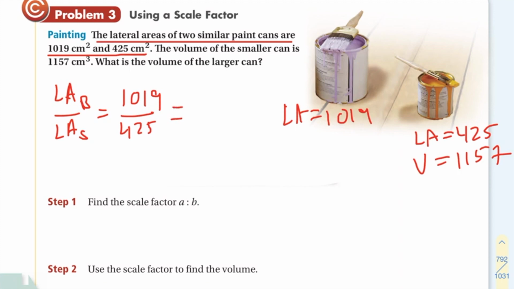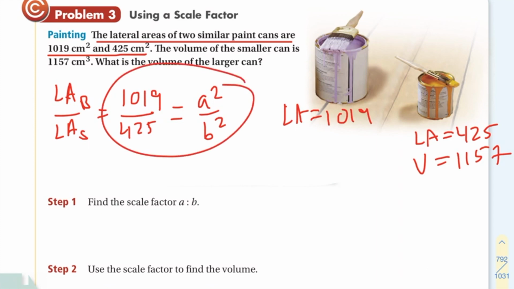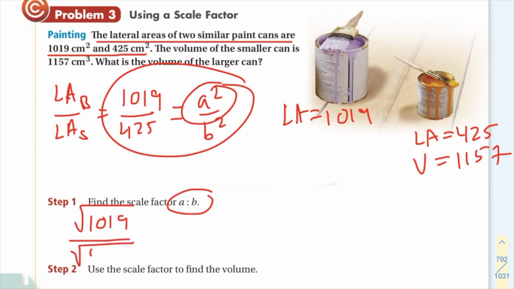And if you remember, when we're comparing areas, that's in the form of A squared over B squared. But we want to take those numbers and convert them into A over B. So all you're going to do is simply take each of those numbers, so the 1019, and get the square root of that. 425, get the square root of that.